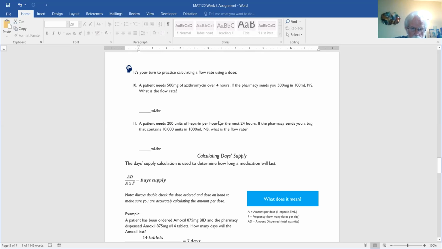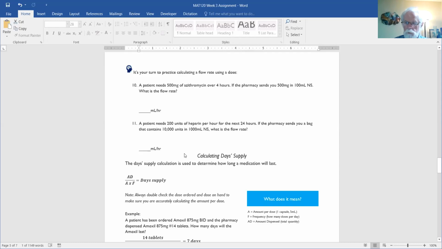This is the dose prescribed, this is the dose on hand, and this is Q. It's entirely possible that this bag will not last 24 hours.